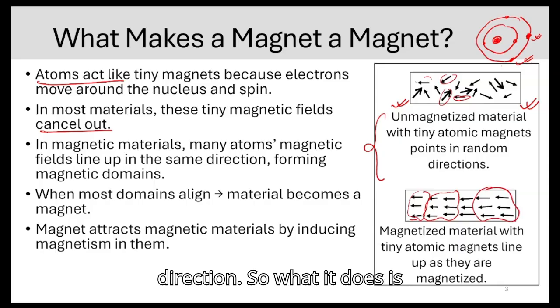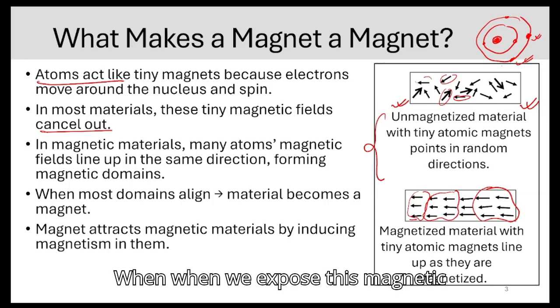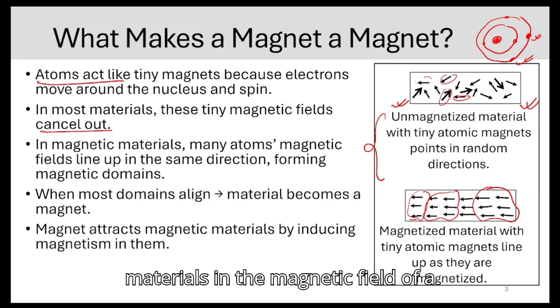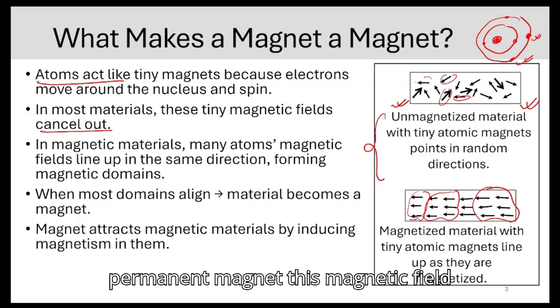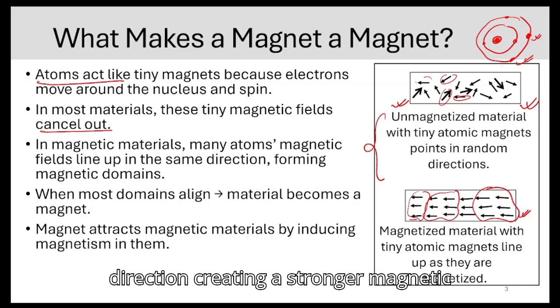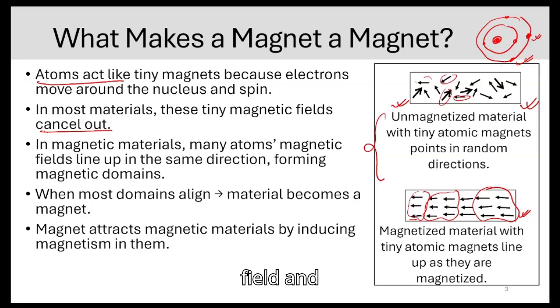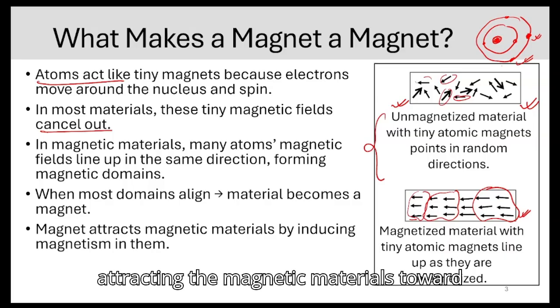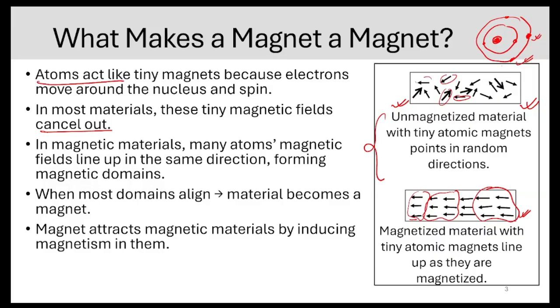So what it does is, when we expose these magnetic materials in the magnetic field of a permanent magnet, this magnetic field will align all these atomic magnets in the same direction, creating a stronger magnetic field, and attracting the magnetic materials toward the magnet.